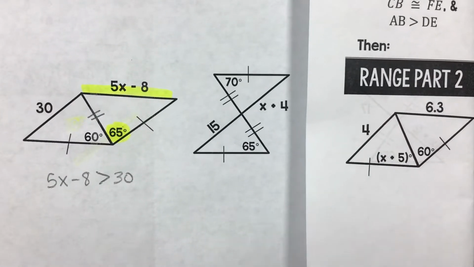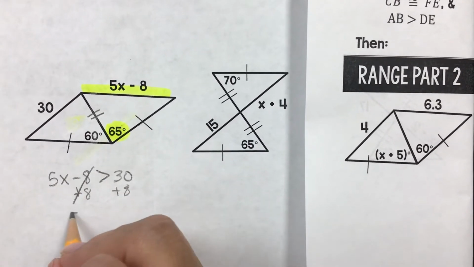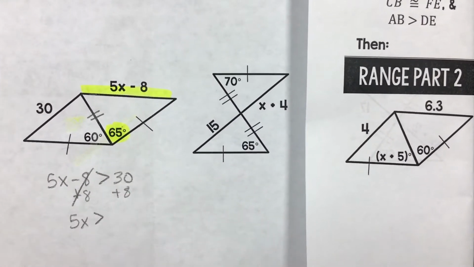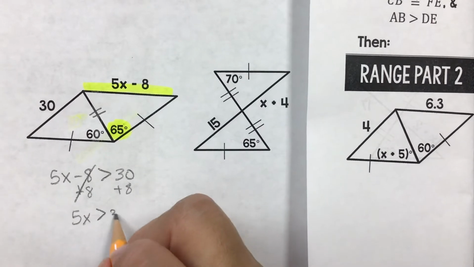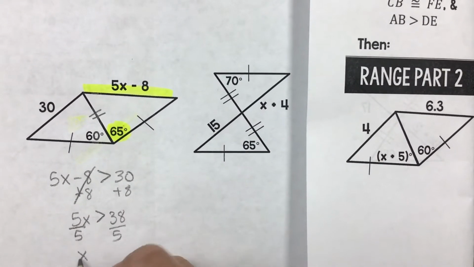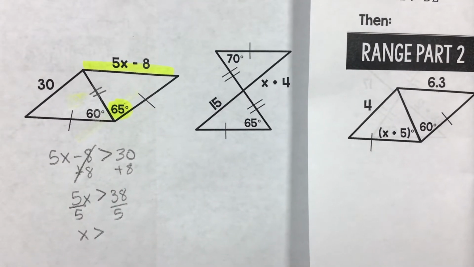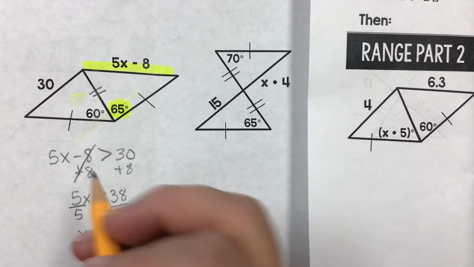Now we solve for x. Plus 8 on both sides. 5x is greater than 38. Divide by 5. X is greater than 7.6.